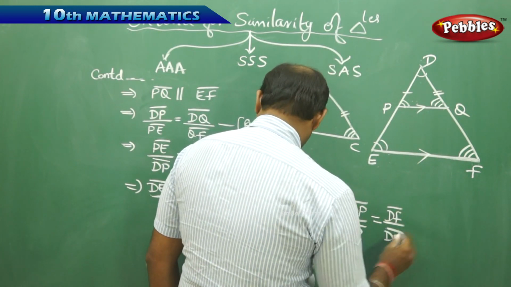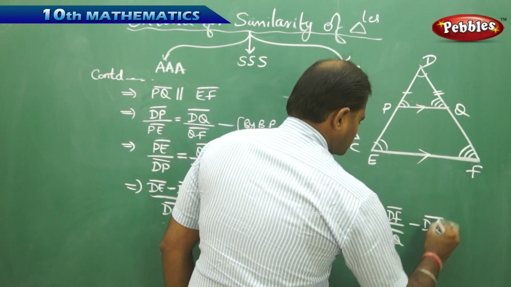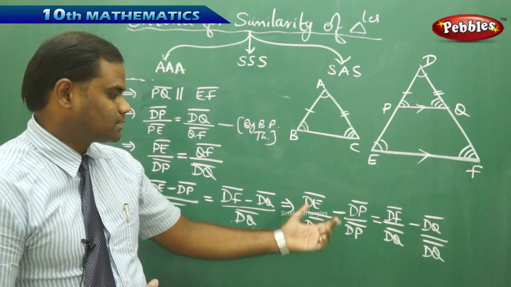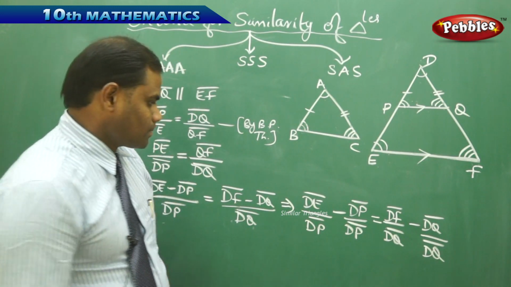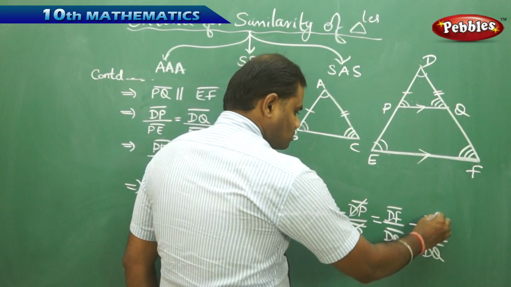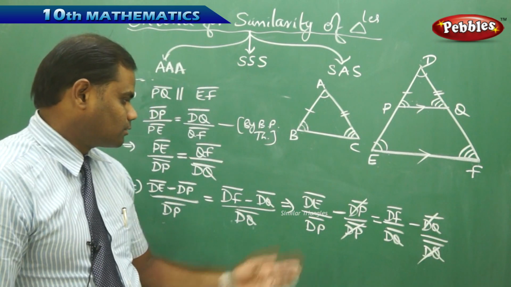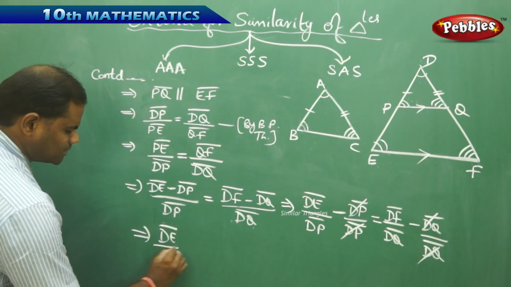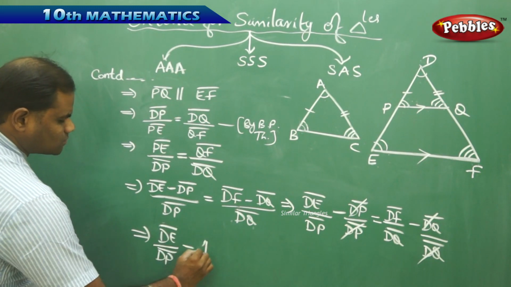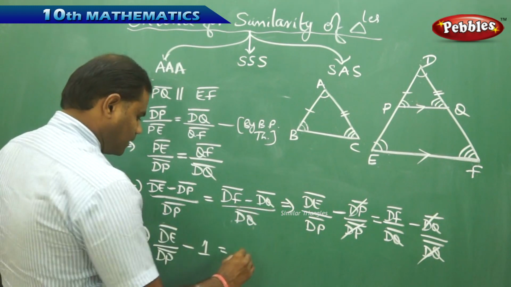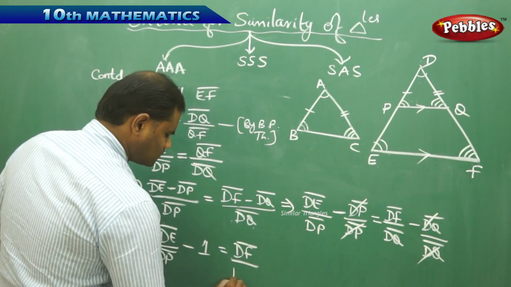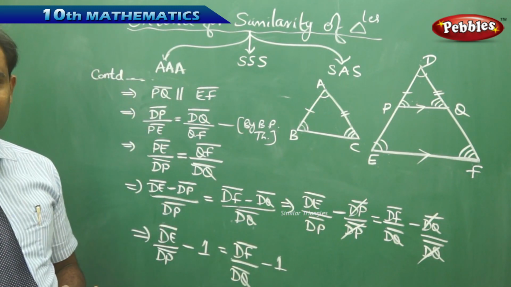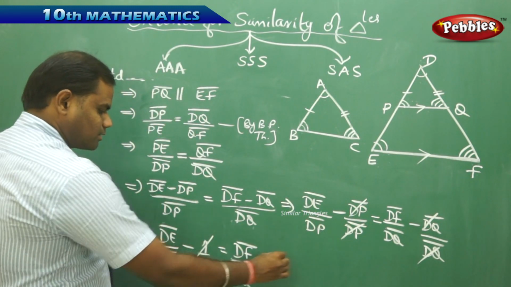Now here I can cancel these two because they are equal, and therefore this finally reduces to dE by dP minus 1 equals dF by dQ minus 1 on the right hand side, so that this also gets cancelled.